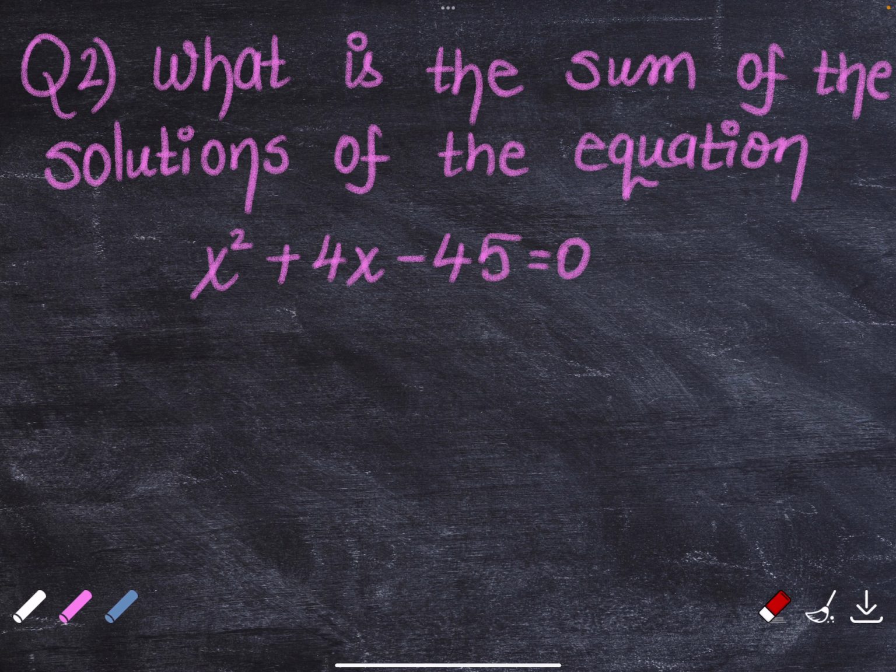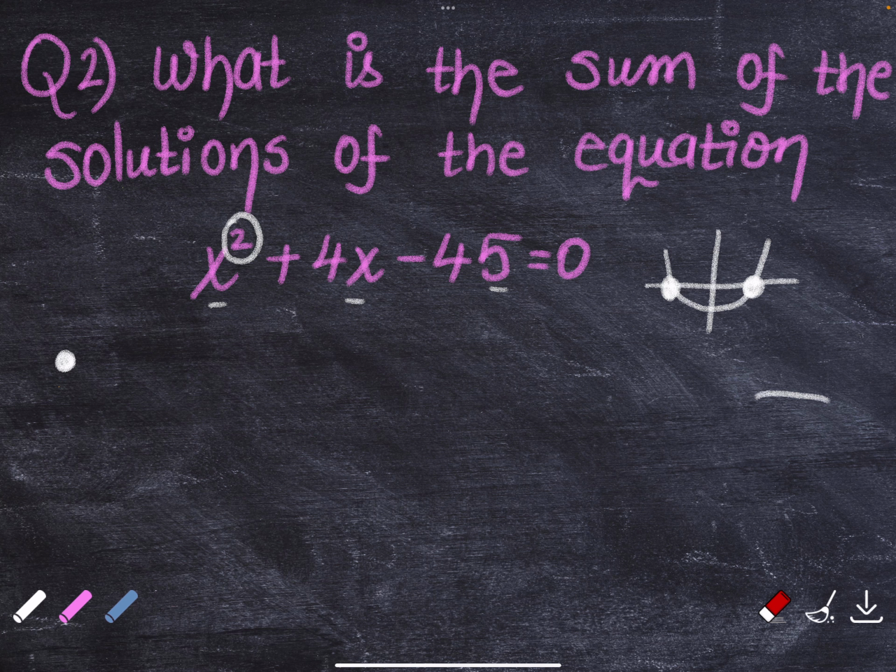Here we can say that this is a trinomial because there are 3 terms, and it is also a quadratic trinomial because the highest power of x is 2. That means the maximum number of solutions this equation can have is 2.